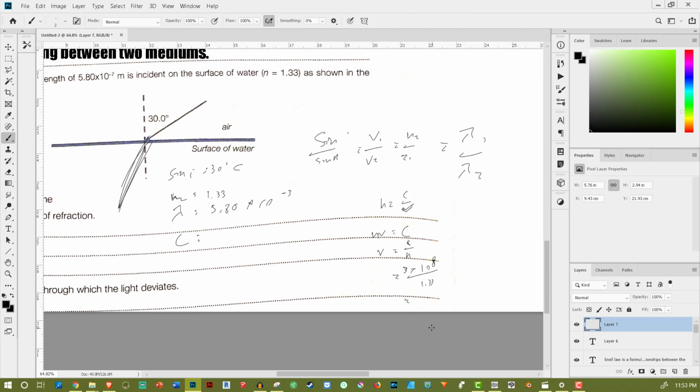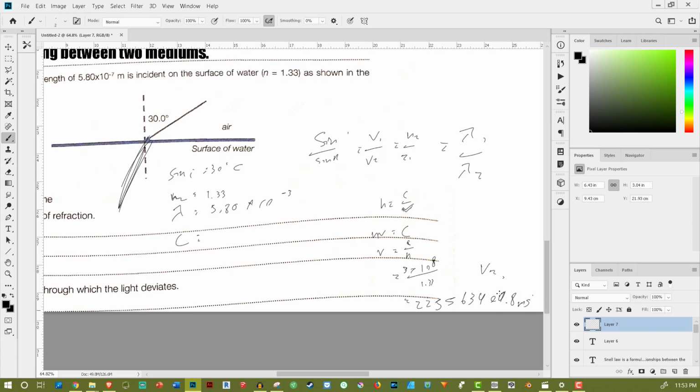And that'll give us a velocity of about 225,563,909.8 meters per second. So now we get V2 as well.